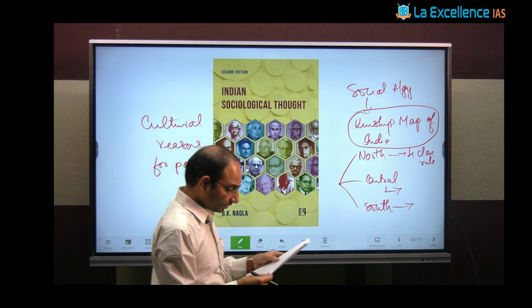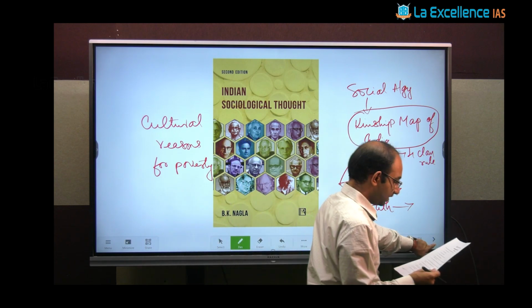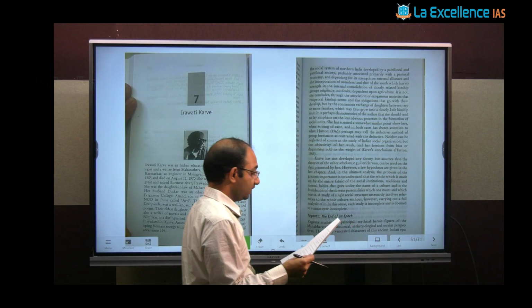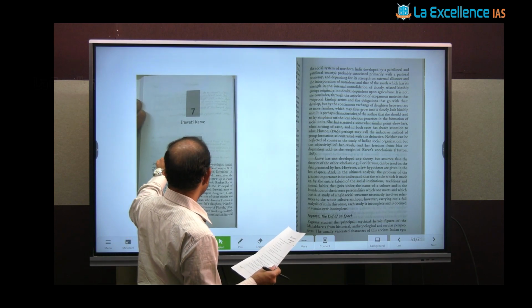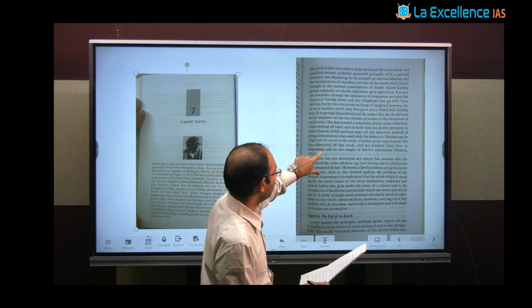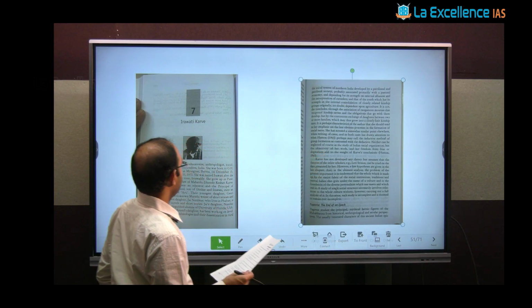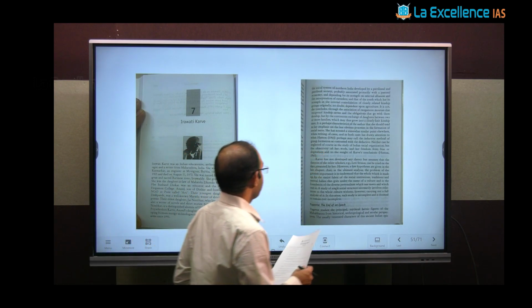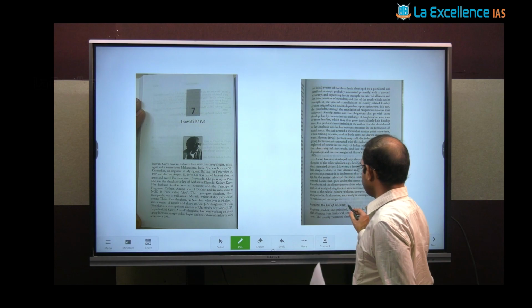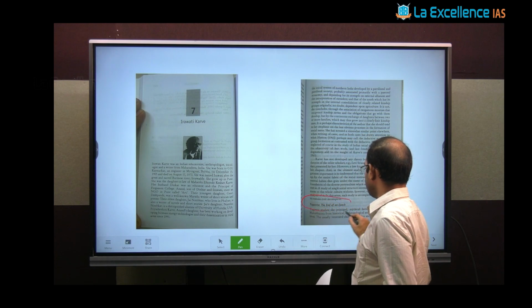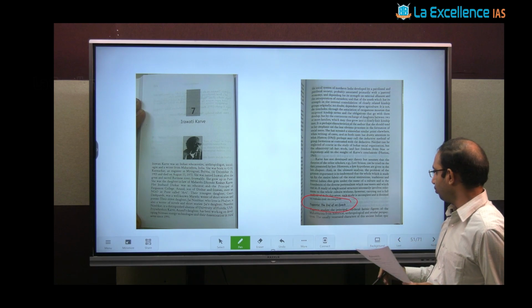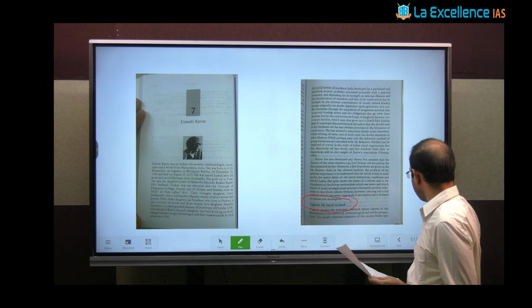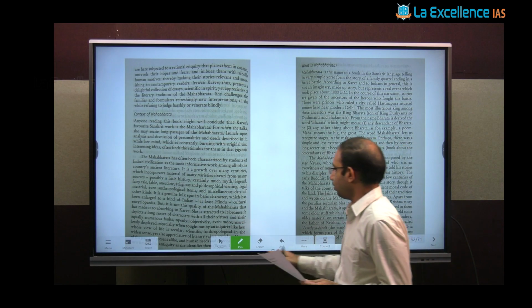Then in the second part they asked to make special mention of her literary contribution. This is a slightly challenging part. This is content I borrowed from B.K. Nagla. As you can see, here he mentions Yuganta. Yuganta is a book that she wrote, where she did a literary analysis of the Mahabharata.